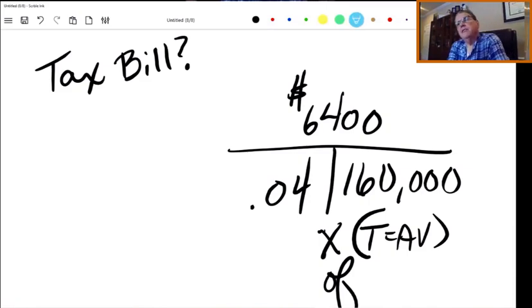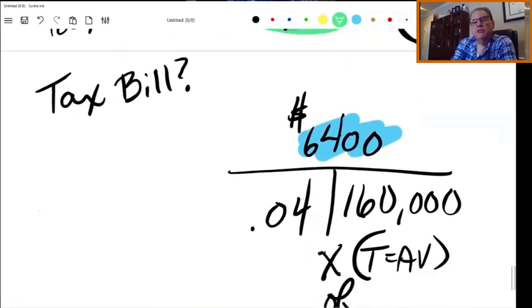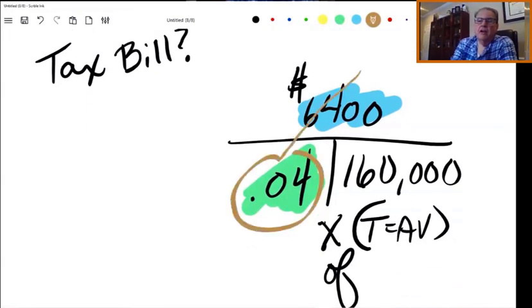And if they try to pull a fast one on you on your test, if they tell you that the tax bill is $6,400 and the tax rate is 4 per 100, which you know is 4%, how much was the assessed value? Easy, no problem. 6,400 is 4% of 160,000. You just take 6,400 divided by 4%, and voila, you get 160,000.